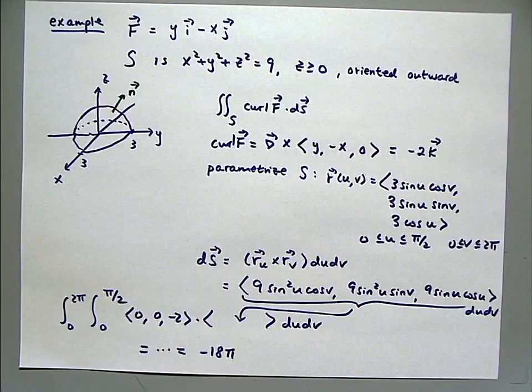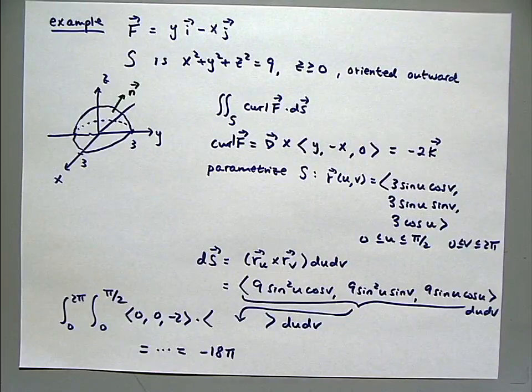Because remember, if you're walking on that curve with your head pointing in the same direction as that normal vector n, so you're kind of walking like this, you have to walk in such a way that the region enclosed by C is on your left. And the only way that can happen is if we walk counterclockwise looking down. Does that make sense? Okay.